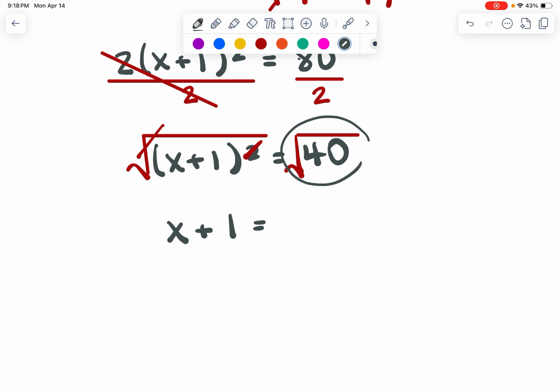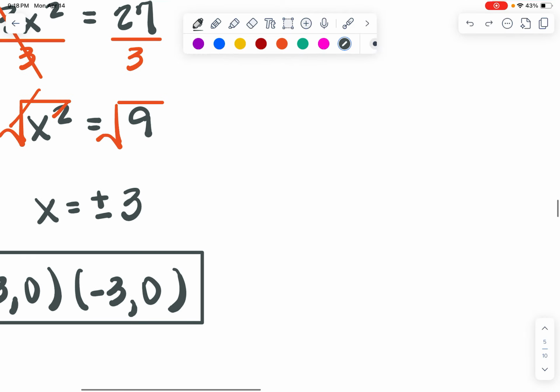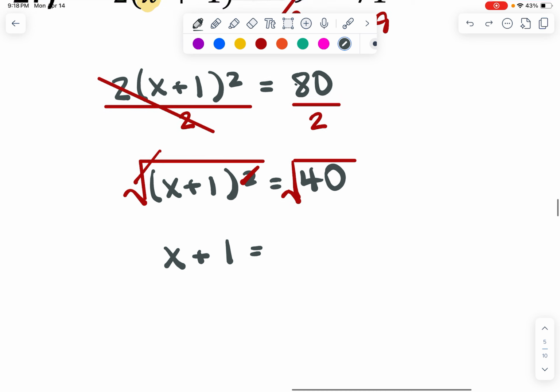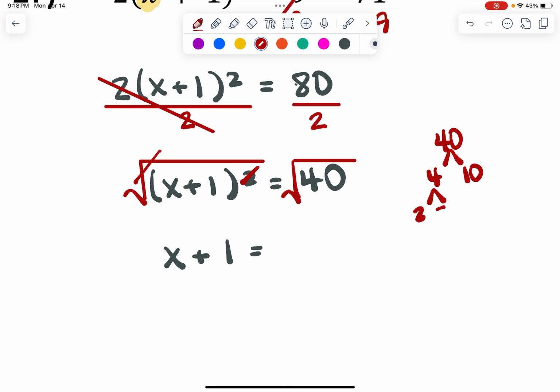But then over here, I need to take the square root of 40. Now over here, I got the square root of 9, which is a nice perfect square. But the square root of 40 is not a nice perfect square, right? So that means you need to go off to the side and simplify the square root of 40 like we just did on those previous 4 questions.